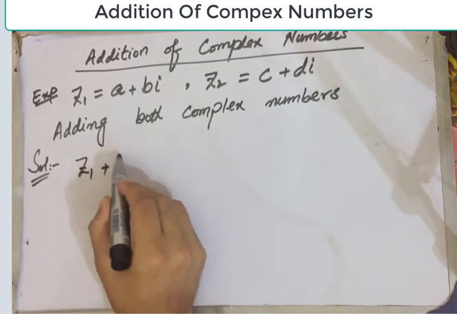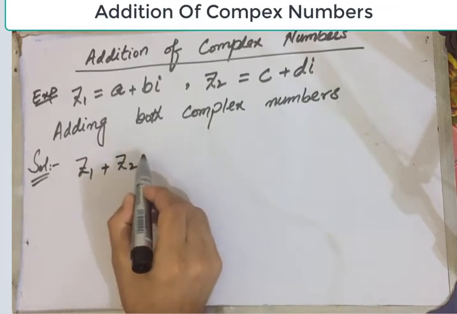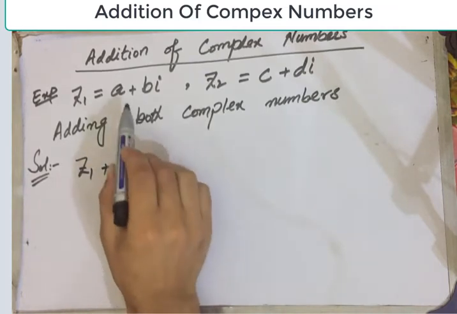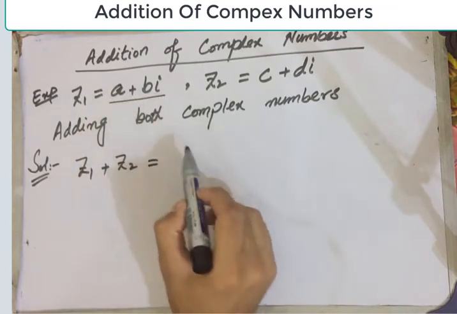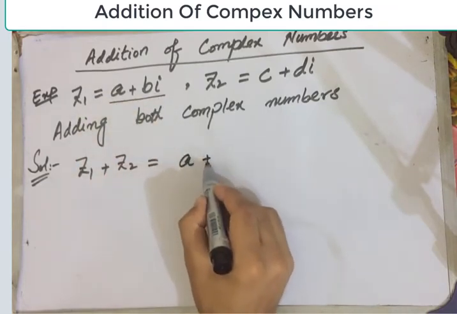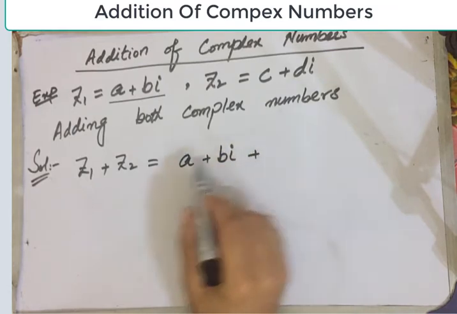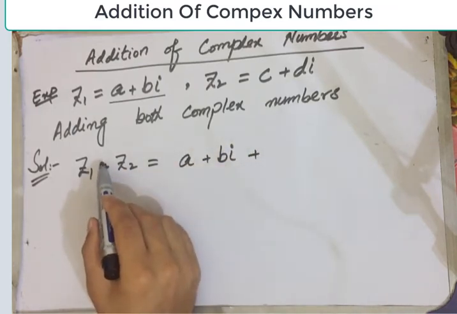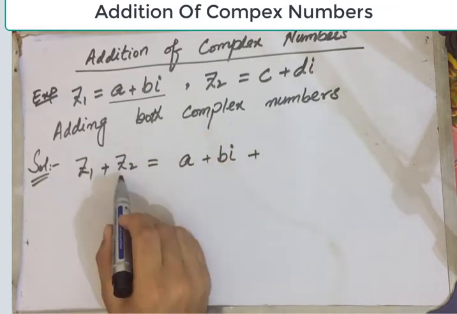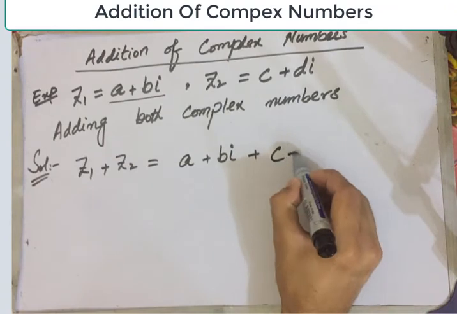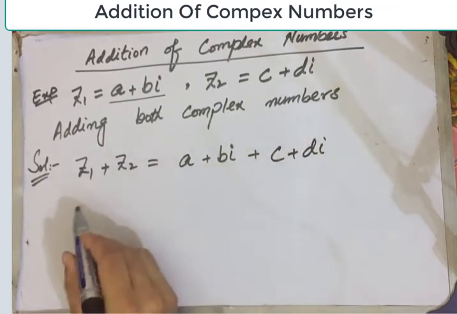We will add simply the left hand side of both the complex numbers, which is z1 added to z2. The value of z1 is a plus b iota. Simply write the value of z1, then with the plus sign, and then write the value of z2, which is c plus d iota.